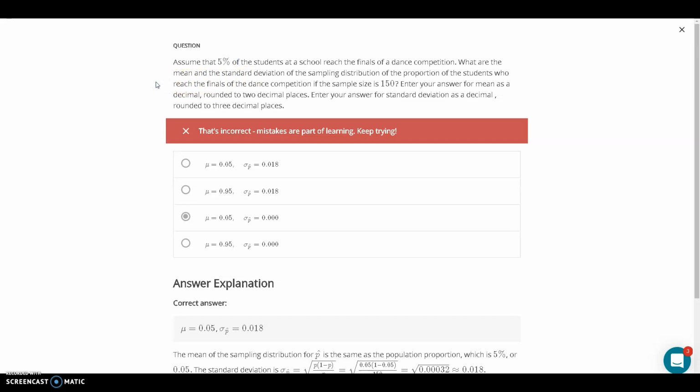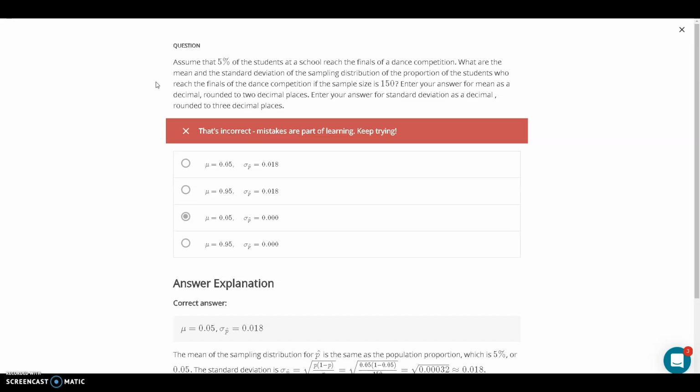The other thing that gives away that this is a proportion problem is that you don't get a standard deviation. It's not listed in the problem at all, and that's one of the clues, because in proportion problems, you calculate the standard deviation in the problem itself. I'll show you what I'm talking about here.